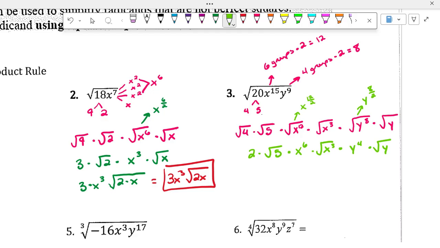So if I rearrange with my radicals and my non-radicals with my non-radicals, what's my answer? So it'd be 2 what? X to the 6, y to the 4th, square root what?